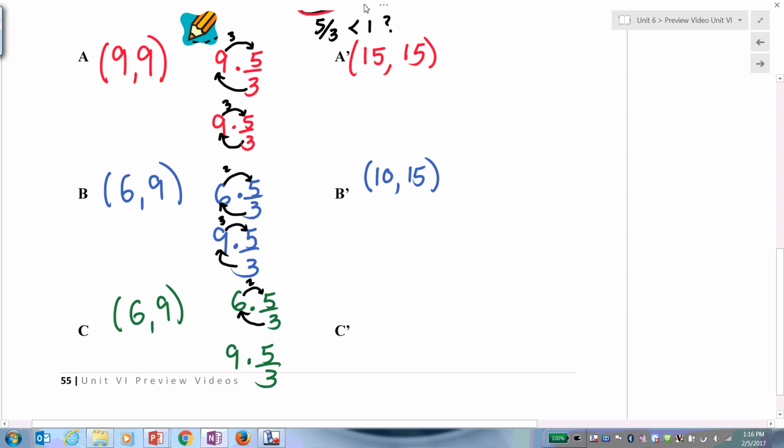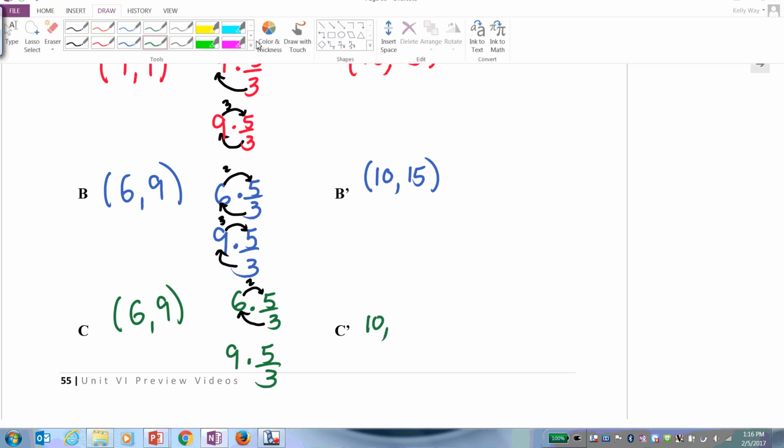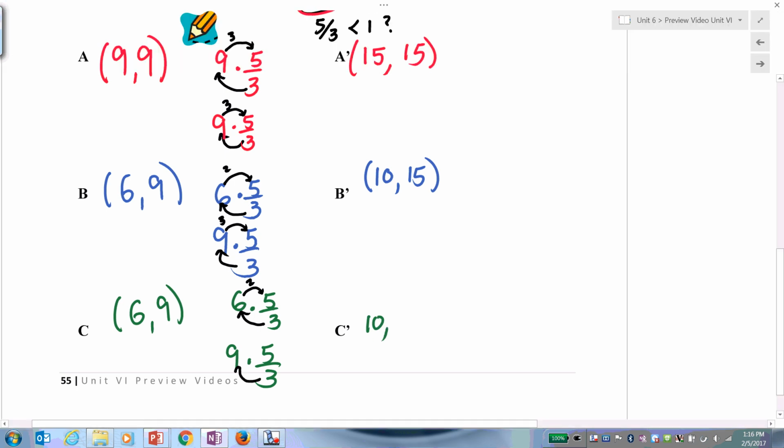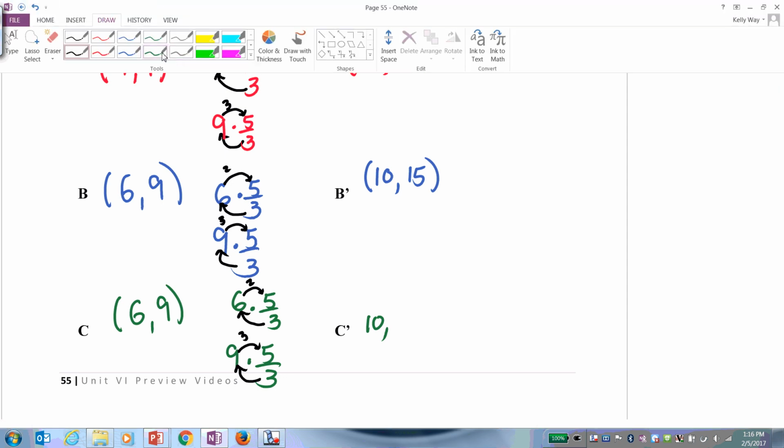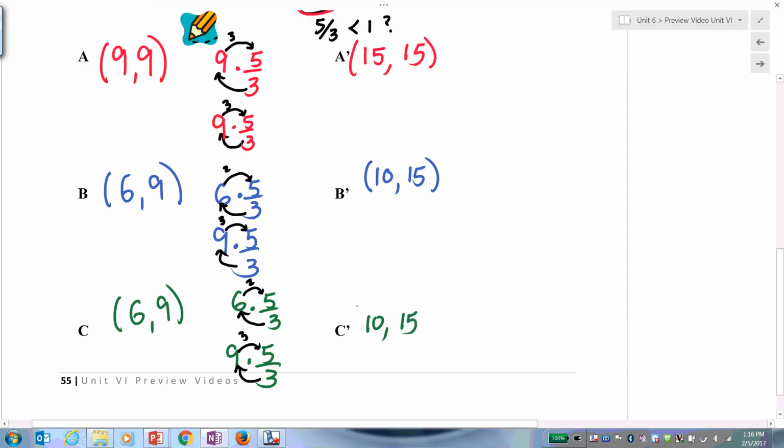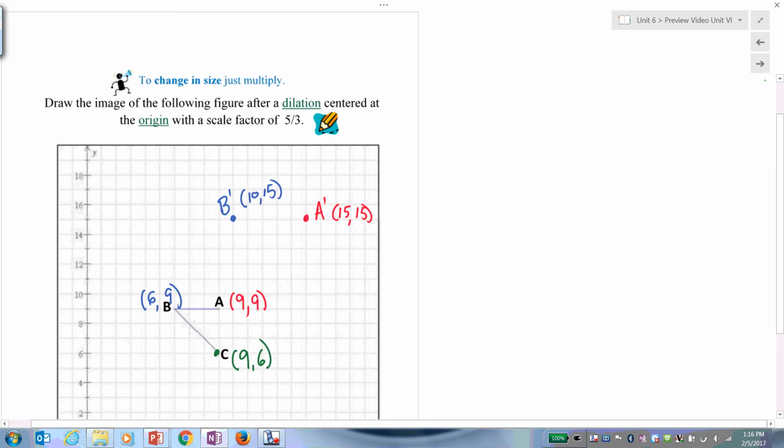There's a little 2 there. 2 times 5, that's 10. 3 goes into 9 3 times. 3 times 5, that is 15. So our C prime is at 10, 15.